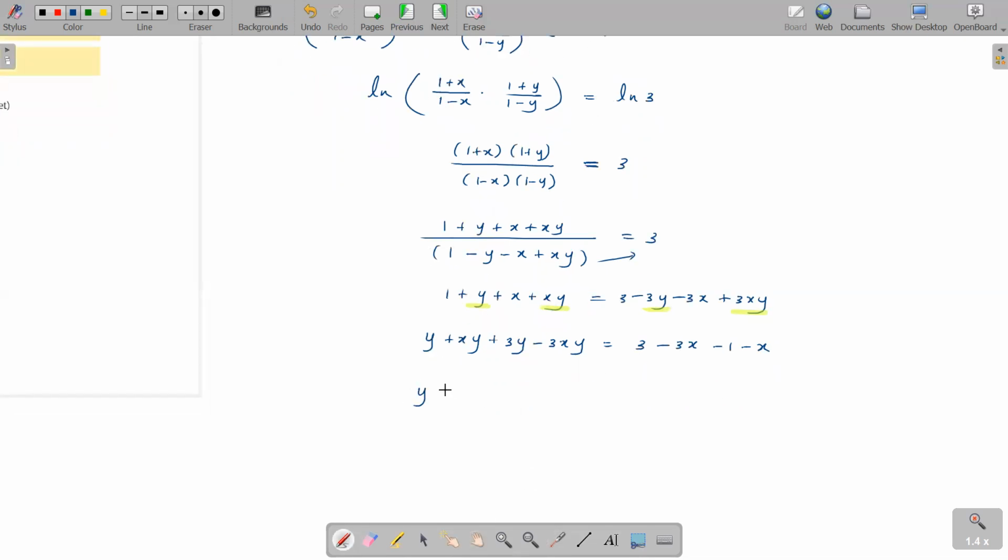So taking y out, I get y times (1 plus x plus 3 minus 3x), right guys? On the right I get 3 minus 1, that's 2, and minus 3x minus x, that's minus 4x. On the left, 1 plus 3 is 4, and x minus 3x is minus 2x.